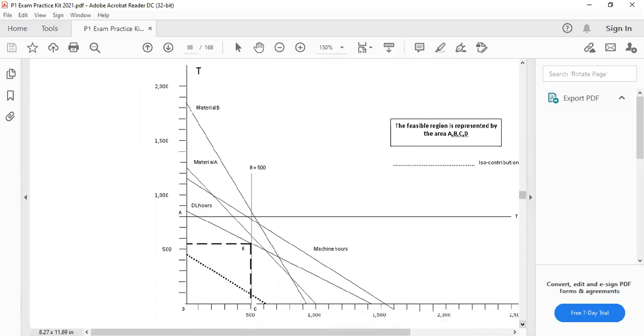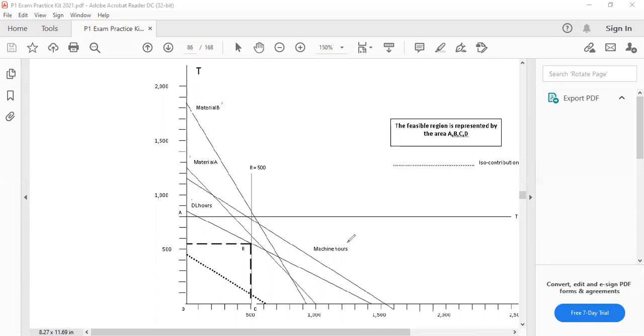So from the graph, we see that there are constraints. One is about dark material. Then we have material A, then direct labor hours, then mesh hours.